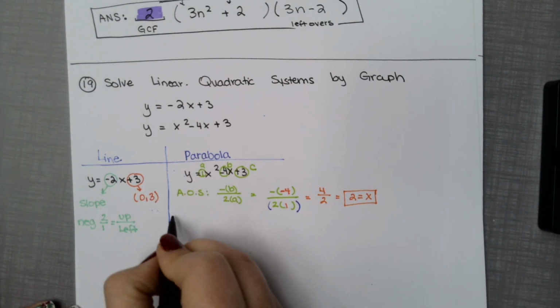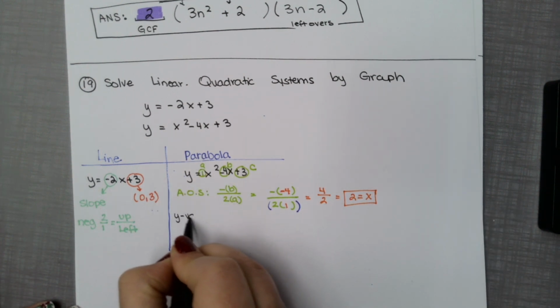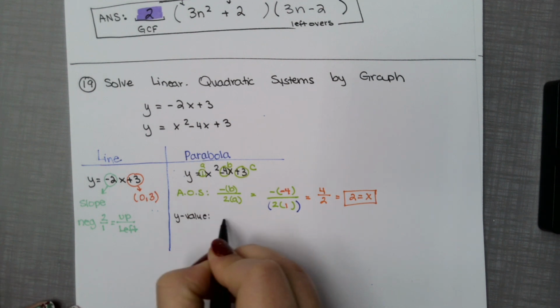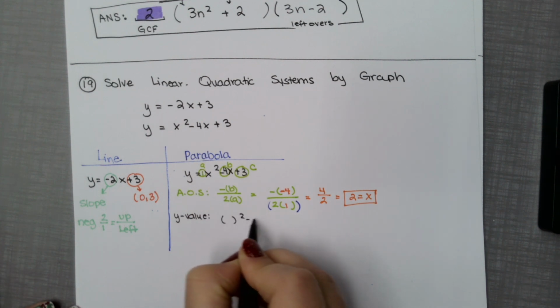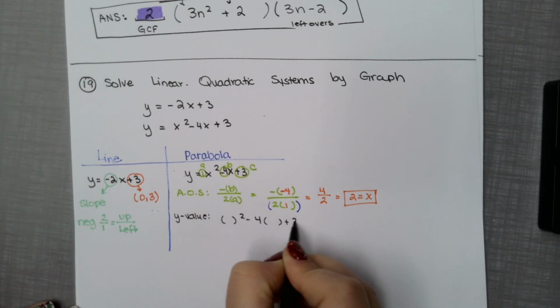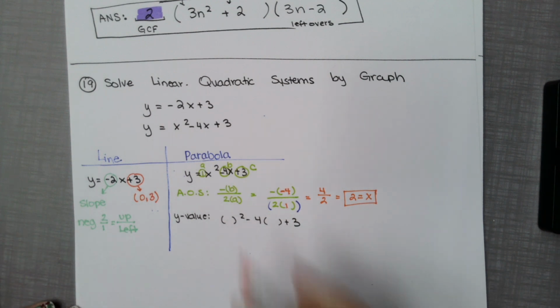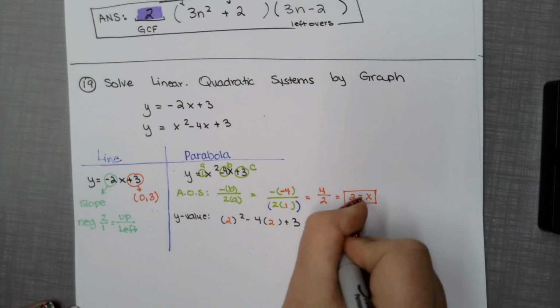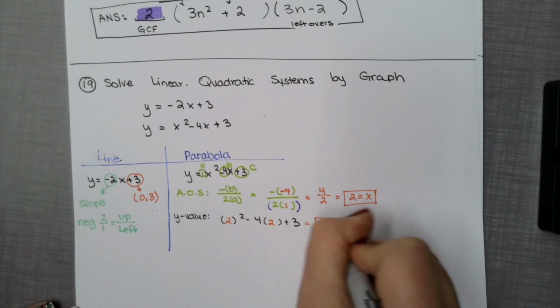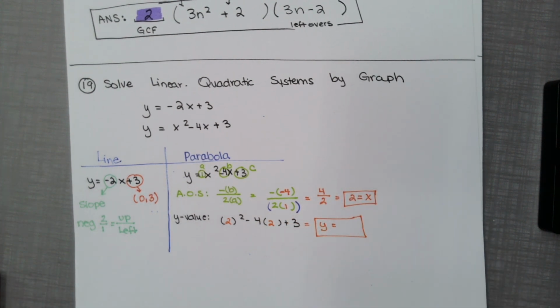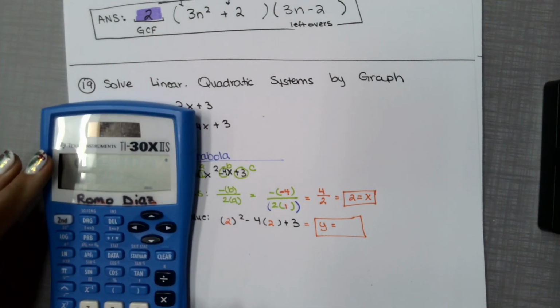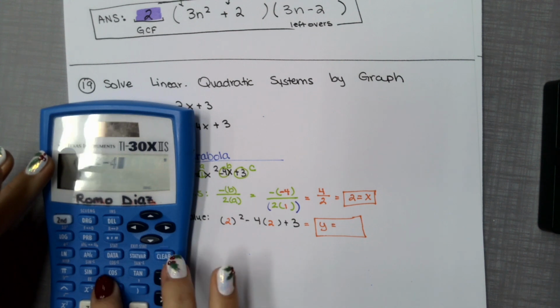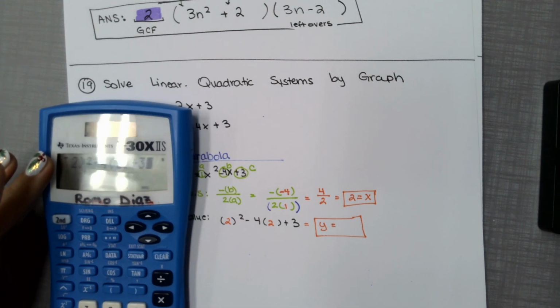Next up is our y value for our minimum or maximum. We're going to take the original equation and plug in our x value of 2. So we have 2 squared minus 4 times 2 plus 3.